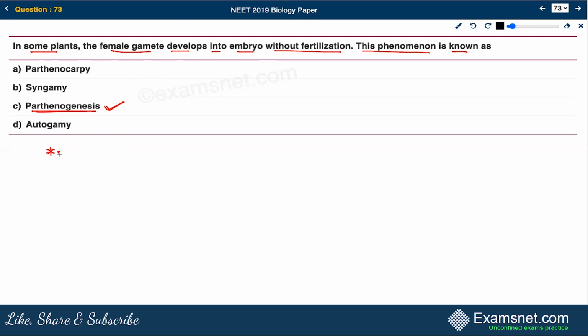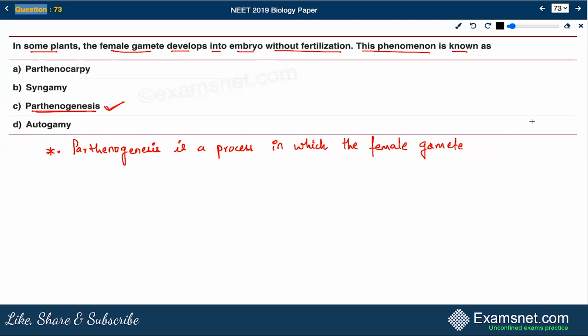So you can say that parthenogenesis is a process in which the female gamete undergoes development, and that too without fertilization.